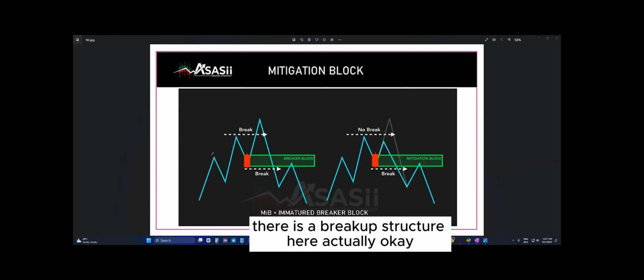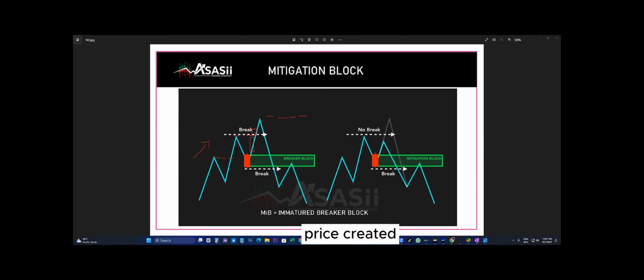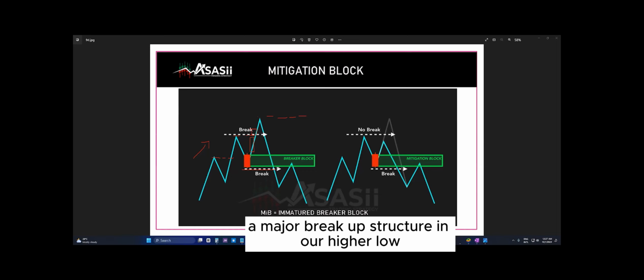There is a break-up structure here actually. Okay, so price goes up, another break-up structure, but you see an impulse move, malalaking mga candle, and then hindi siya nag-create ng higher high. Instead, price created a major break-up structure in our higher low, and then possible ito magkaroon ng breaker block.